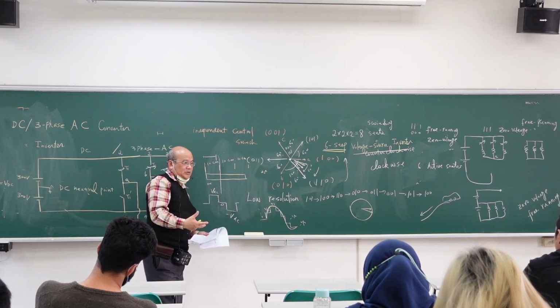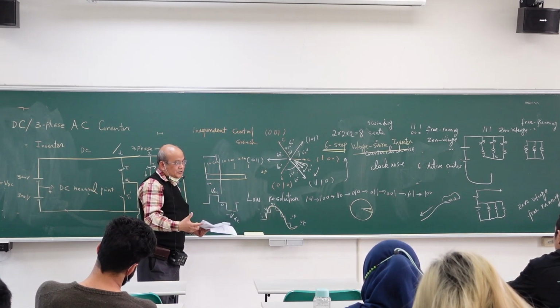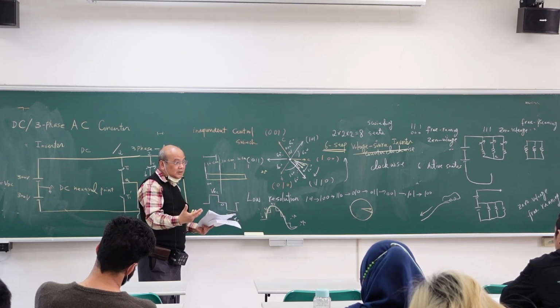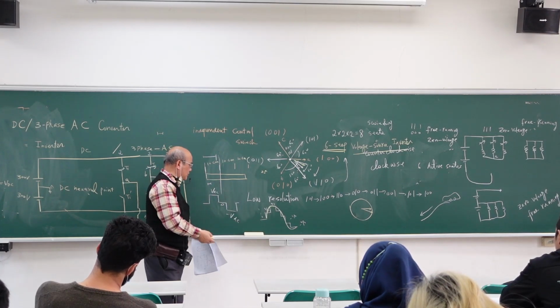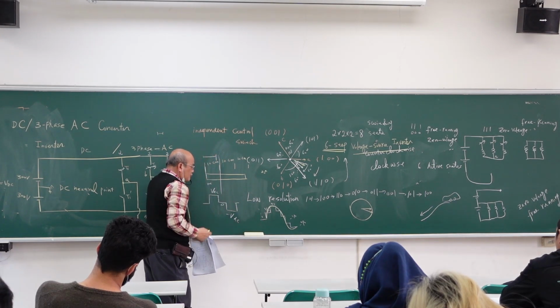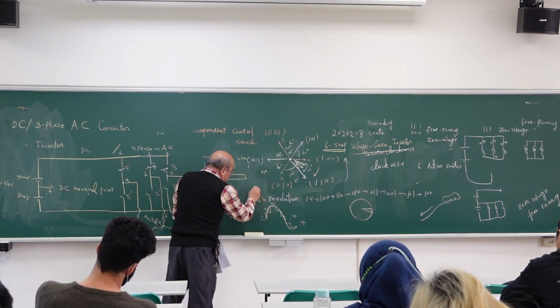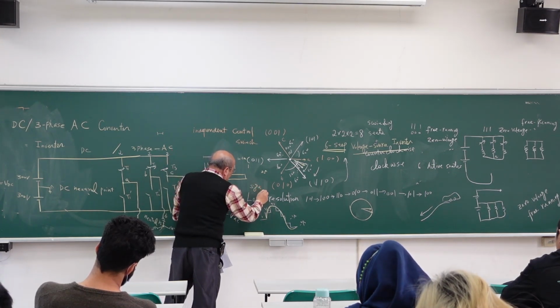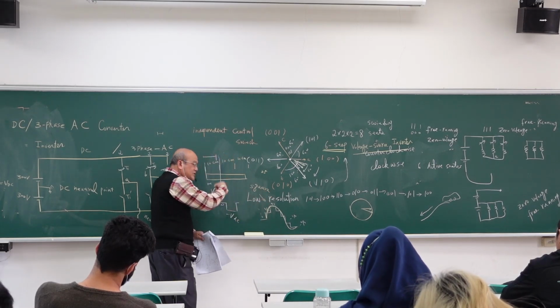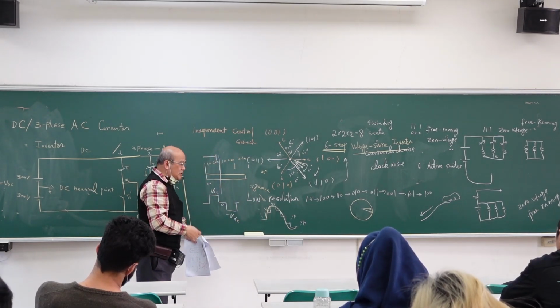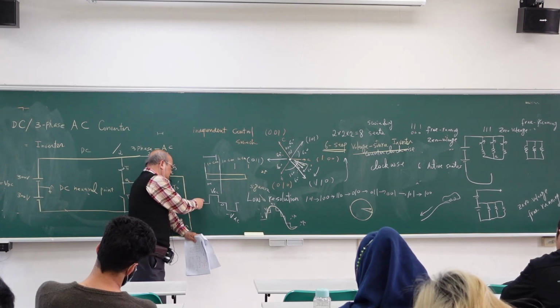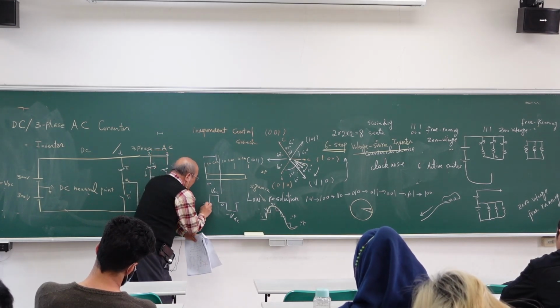How many switches do you have? 6, right? 6 steps. So you can only create this waveform. We call this a square wave, not a sine wave. But what I need is a sine wave. So this inverter is not good because it only creates a square wave.